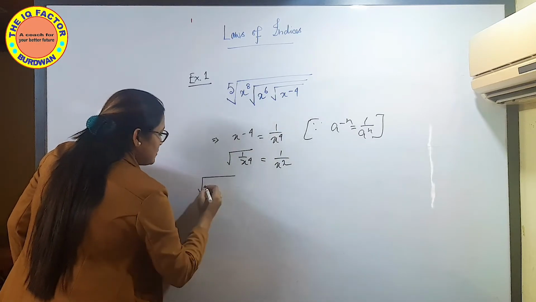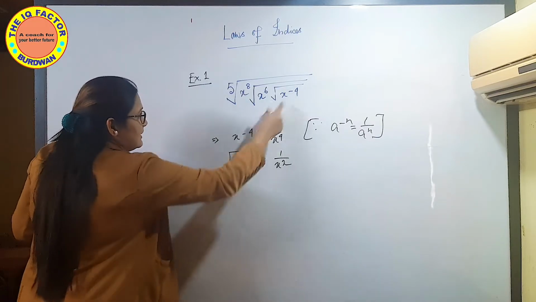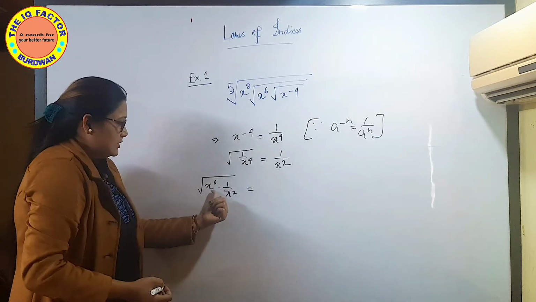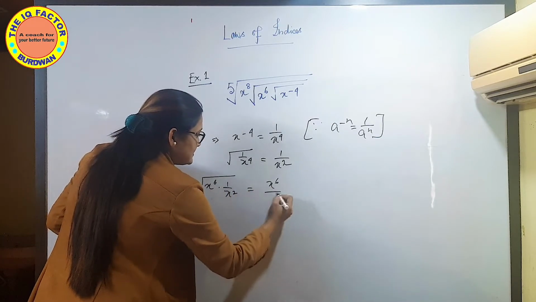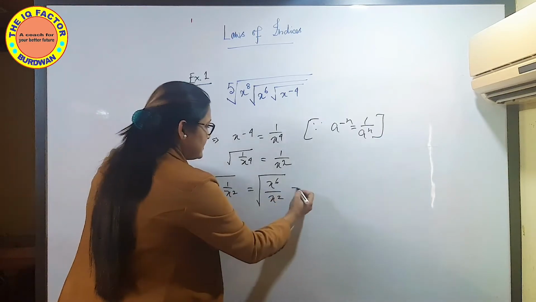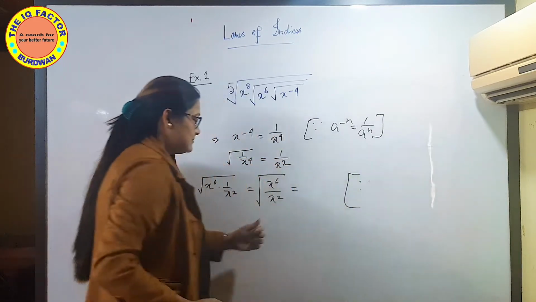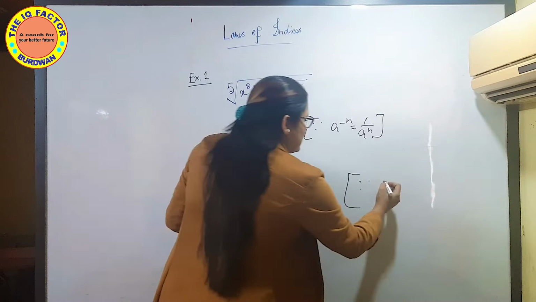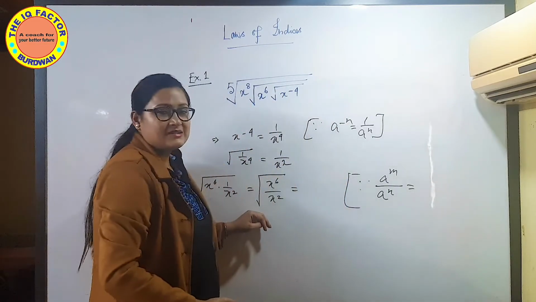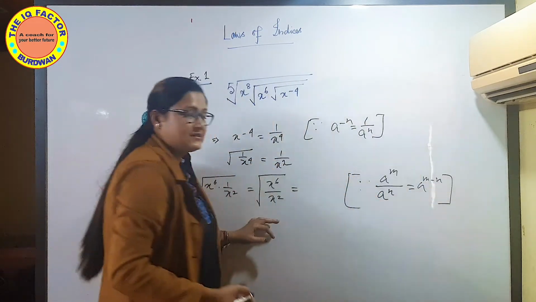Now, what is the square root of x to the power 6 into that, meaning 1 by x square? You know, x to the power 6 by x square. Just think of the laws of indices. What do we know? a to the power m by a to the power n is a to the power m minus n.